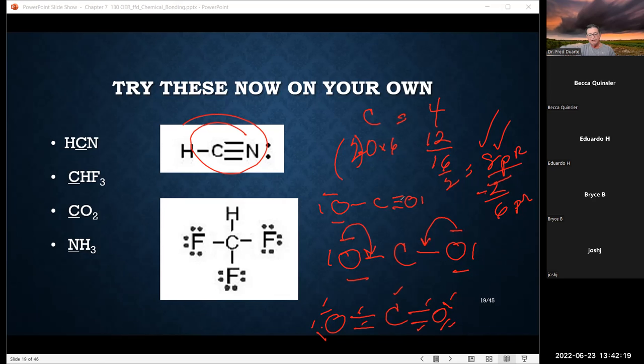Well, what this does, unfortunately, which is beyond the scope of 130, we were doing this in general chem, we will see that we end up with a positive charge on this side and a negative charge on this side, but we're not going to talk about it right now.